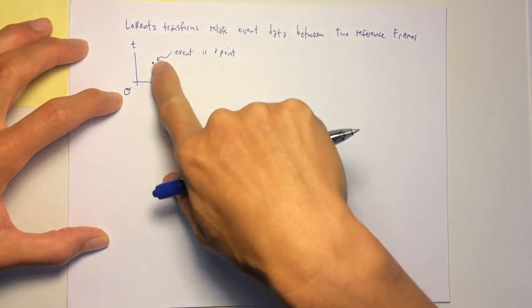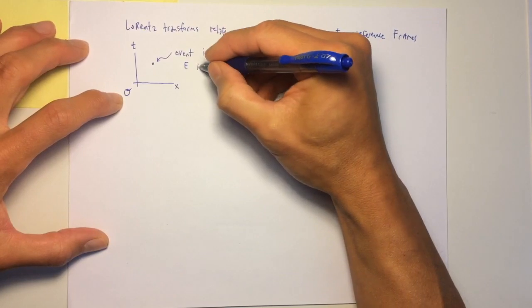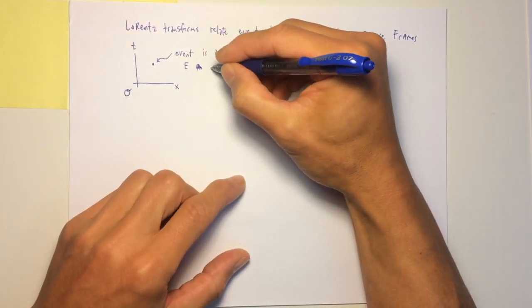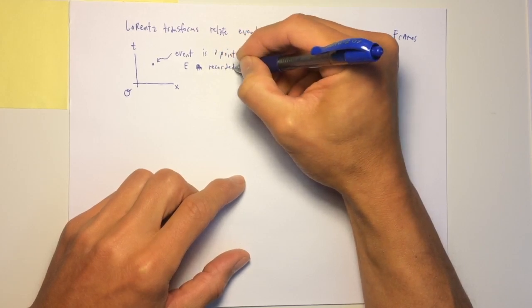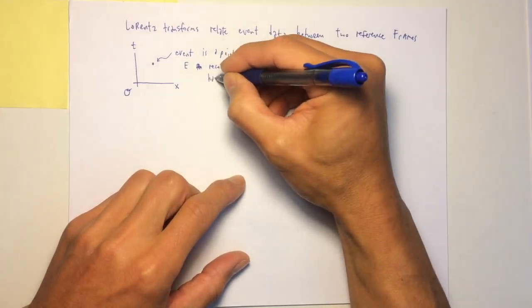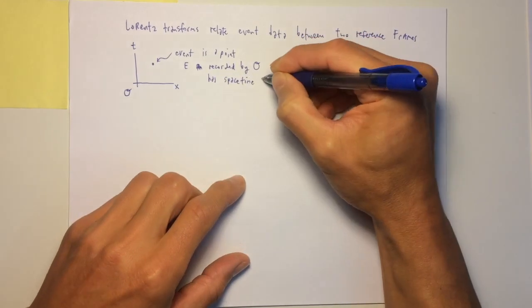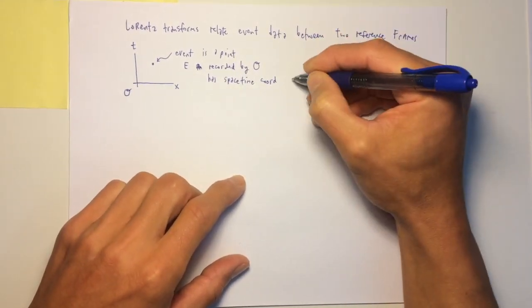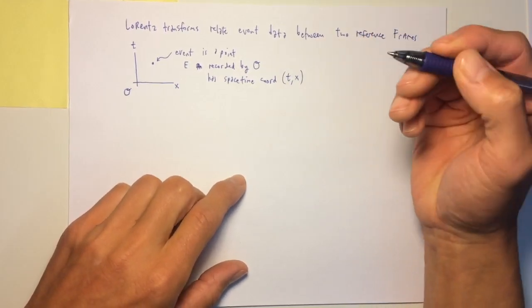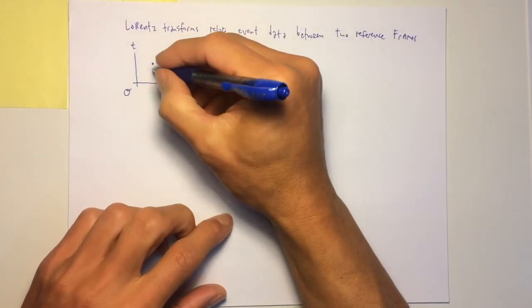And there's an event, and we could call this event E. This event recorded by observer O has space-time coordinate, say t comma x.